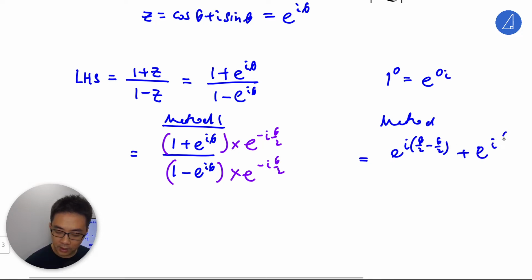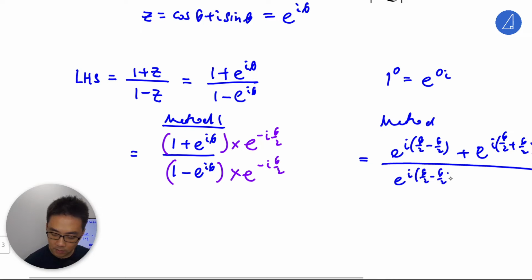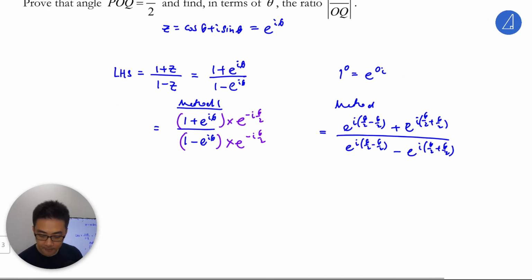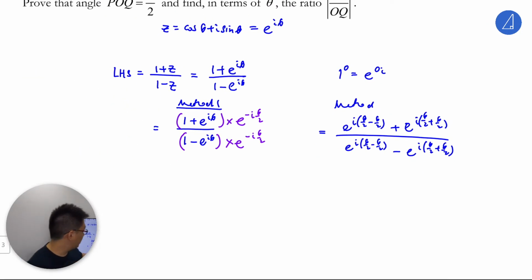So e^(i(theta over 2 plus theta over 2)). Actually, they are the same thing. So method 2 is you factorize.